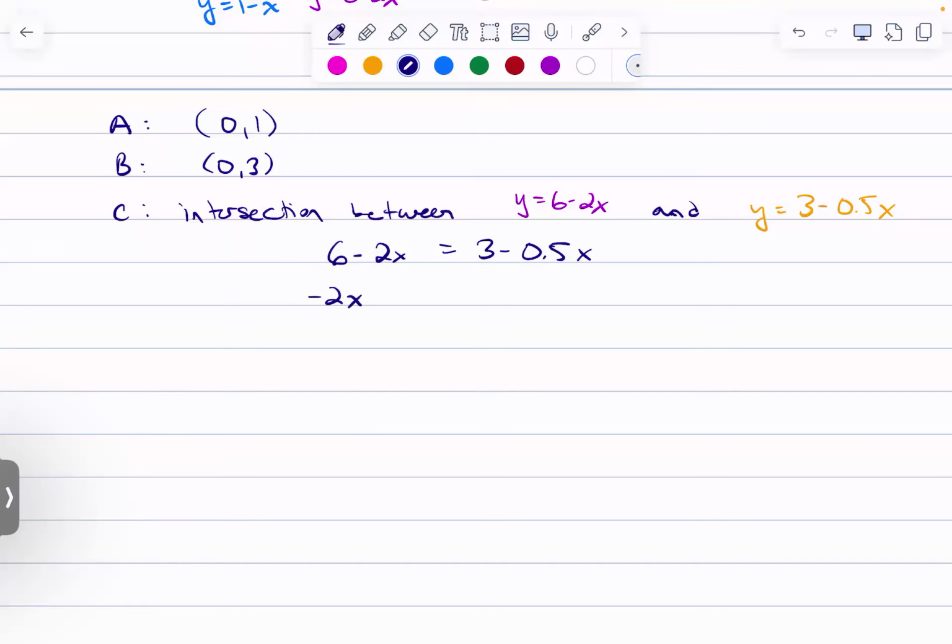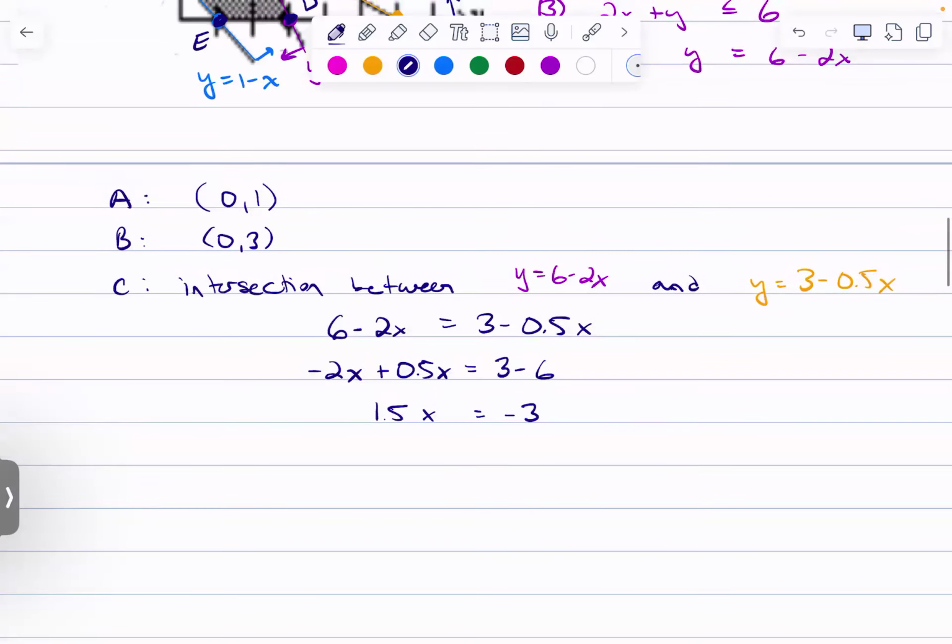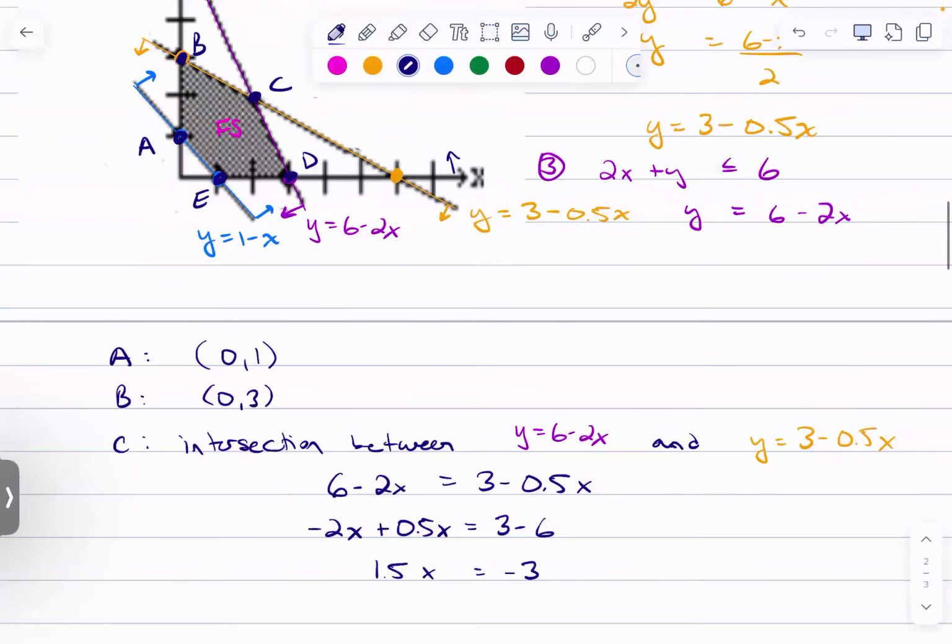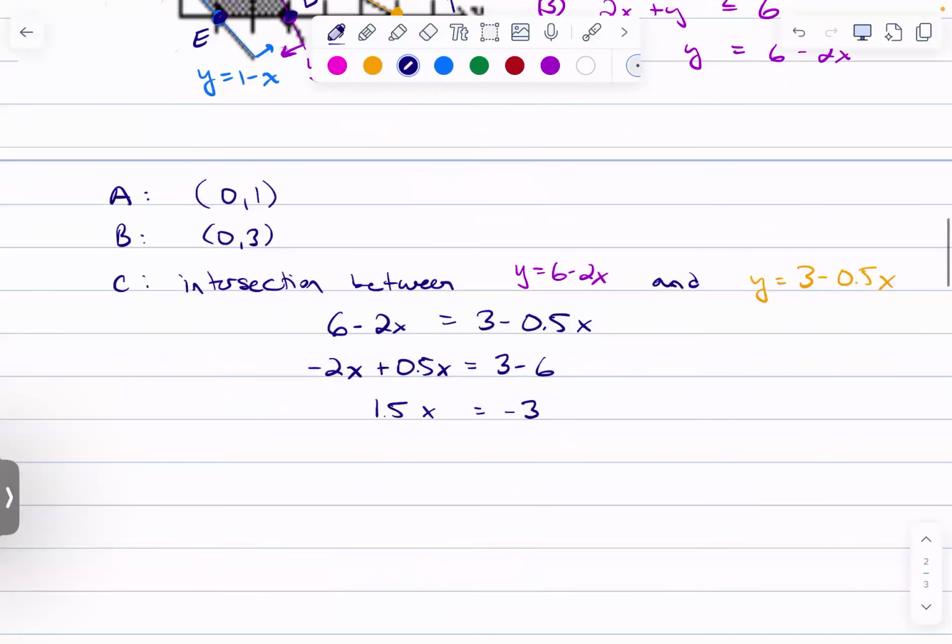Which means negative 2x plus 0.5x on the one side, and then 3 minus 6 on the other side. Which means I have negative 1.5x is equal to negative 3. X can't be negative. Oh, haha.